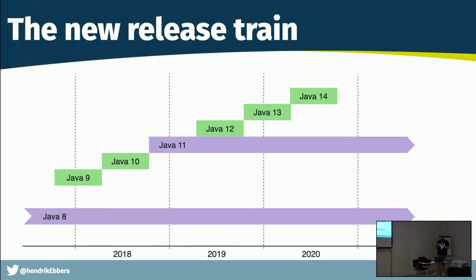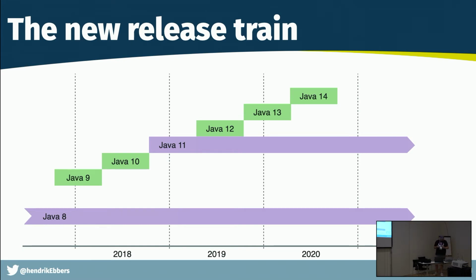And we do not define the features that a Java release will contain. Once a feature is done, it will be part of the next Java release. And we do not care if the feature that we are currently working on will be in Java 19 or 20 or 21. It will be in the version that comes out after we've finished the feature. And based on this, we can easily provide a new release every 6 months.